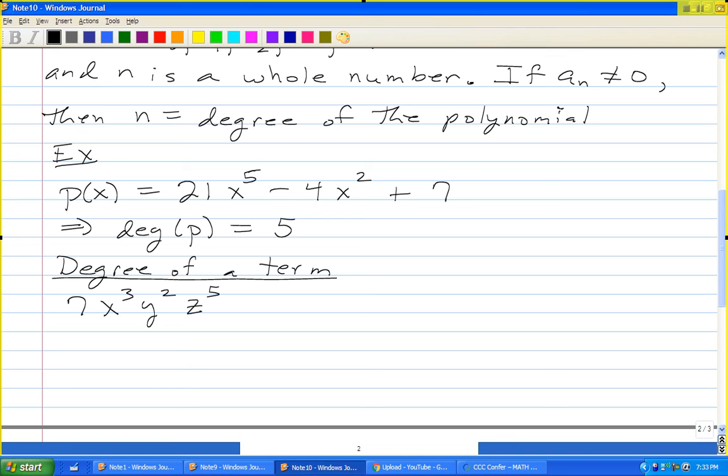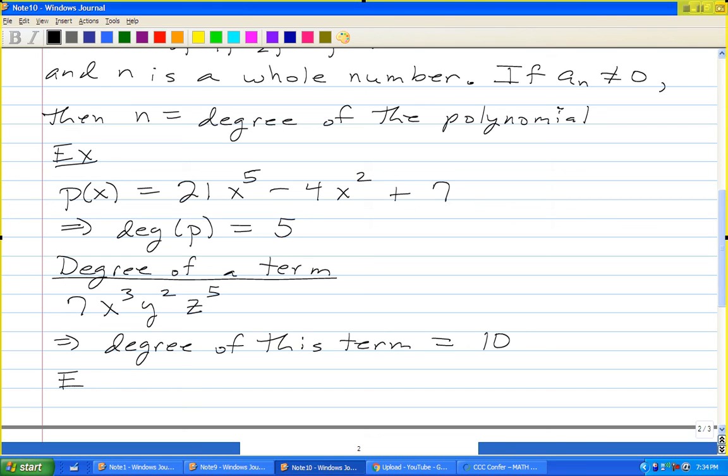Then the degree of this term is found by just adding all the exponents of the variables. So 3 plus 2 plus 5, 10. That's the degree of this term.